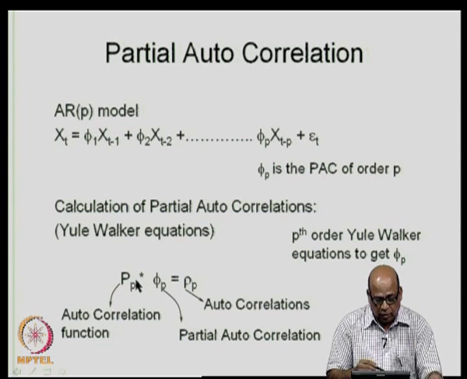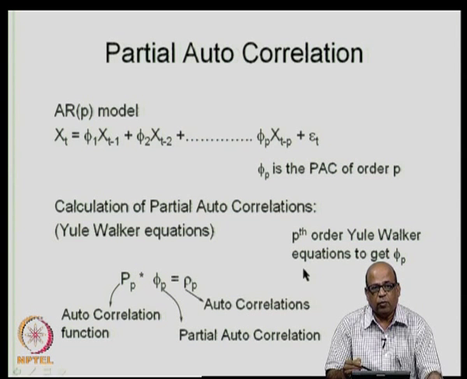If you recall, the Yule-Walker equations we wrote as P p, which is the autocorrelation function of order p, into phi p, which is the partial autocorrelation, is equal to rho p, which is the lag one, these are just the autocorrelations.